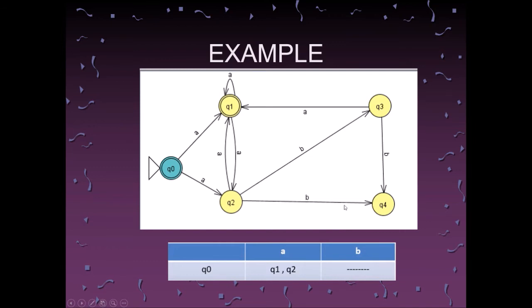First, we start with our initial state, Q0, where with A we go to Q1, then write it in the table. In the same way, for the second transition from Q0 to Q2, there is an A, so that we write in the table Q1 and Q2.